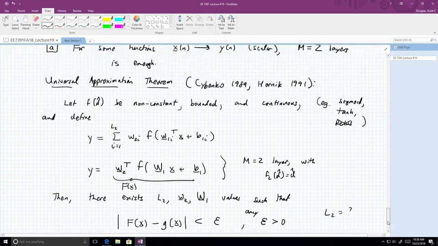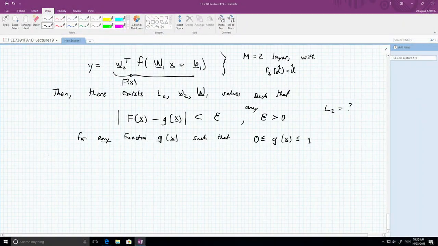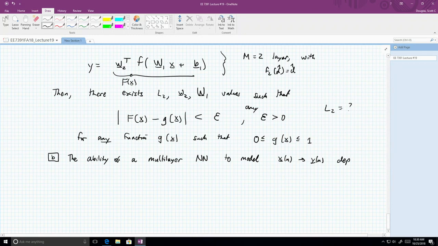And so the issue is, for some functions, 2 layers is enough, but in practice, the ability of a multi-layer neural network to model x of n to y of n depends on many factors.